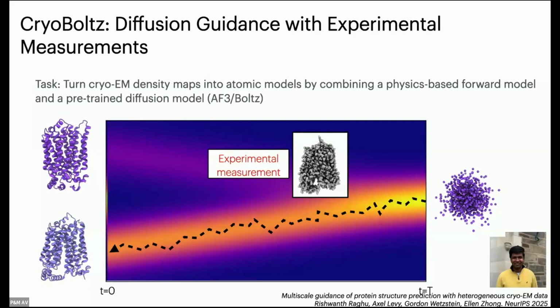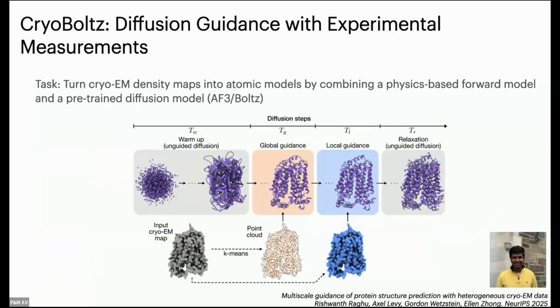And on the cryo-EM side, there's the direct, super useful application of atomic modeling, right? That is currently done in a fairly manual process. Can we help do this, especially now with generative models where you can sample an arbitrary number of density maps?